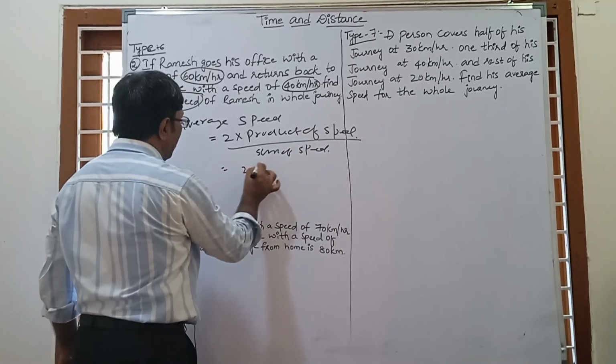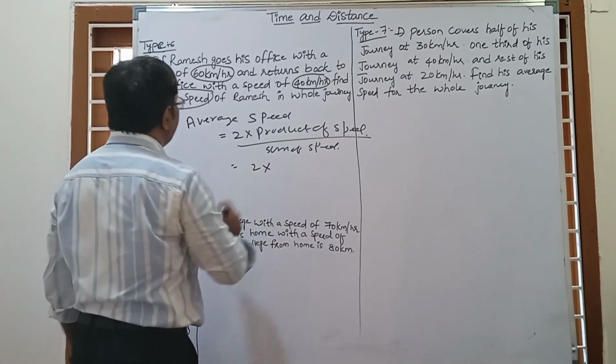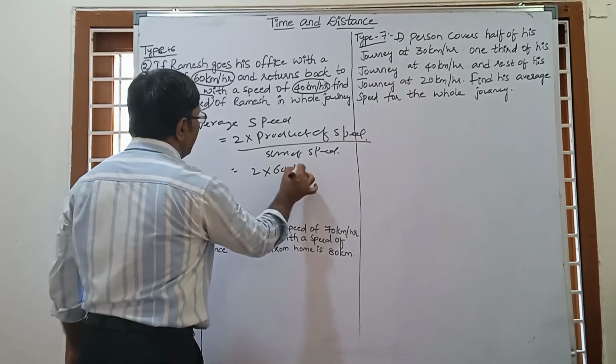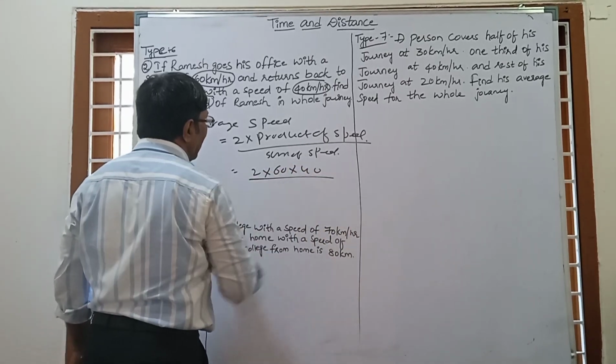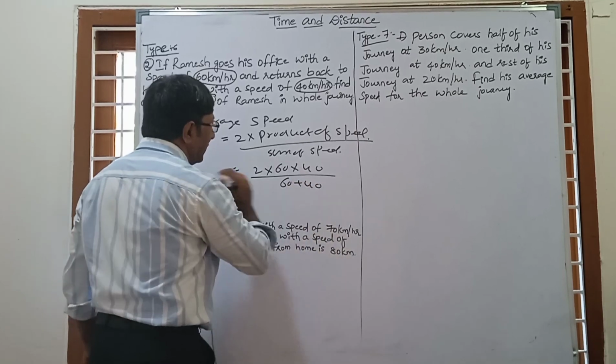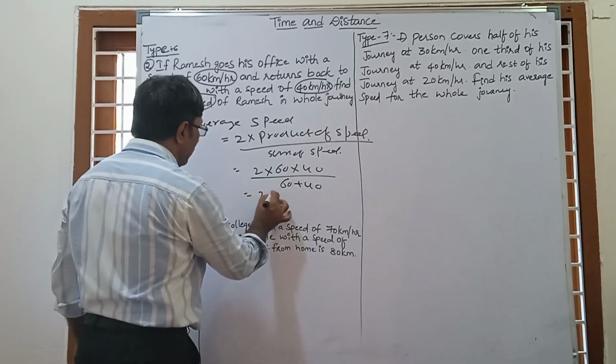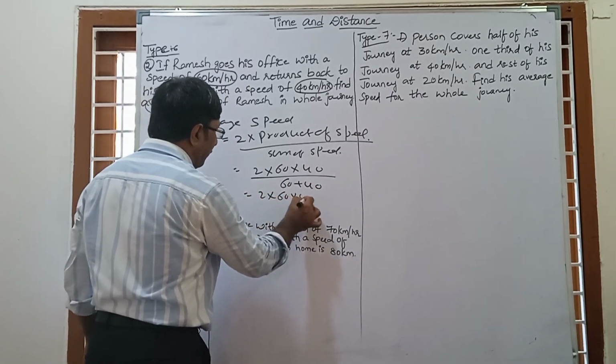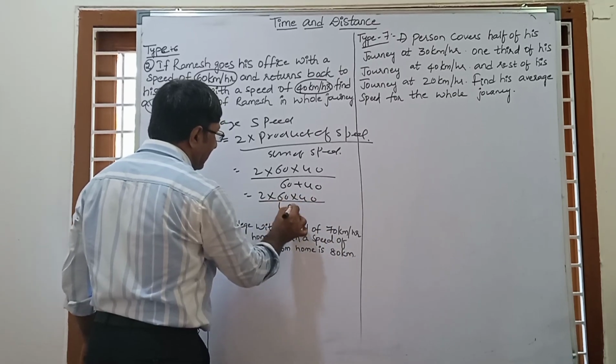So this is 2 into 60 into 40, divided by 60 plus 40. So this is 2 into 60 into 40 divided by 100.